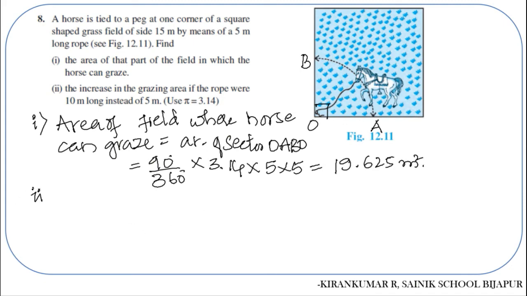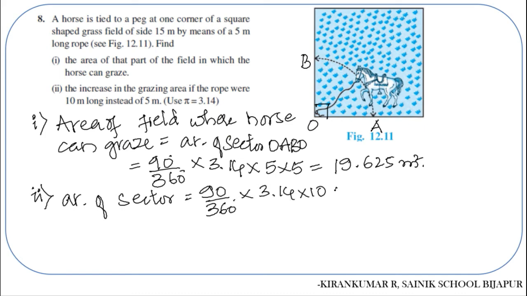The second, if the radius is increased now, instead of 5 meter, it is 10 meter. So area of sector will be 90 upon 360 multiplied to 3.14.